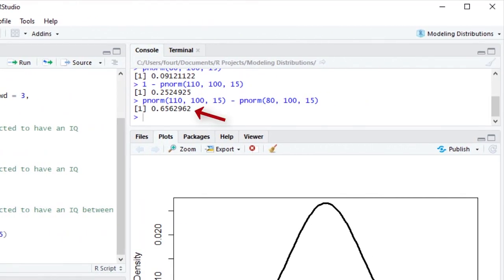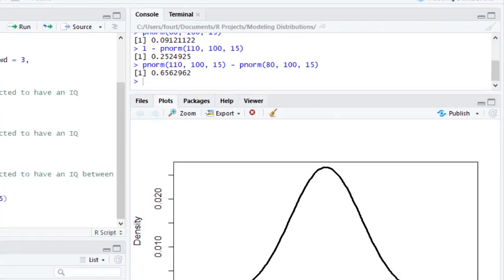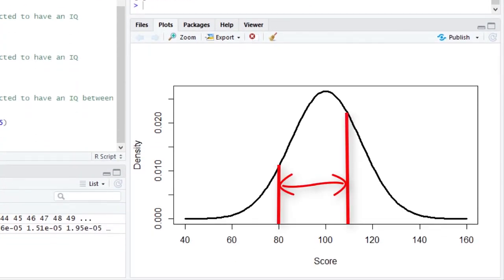This proportion is about 0.66. That is, 66% of children will score between 80 and 110 on this test.